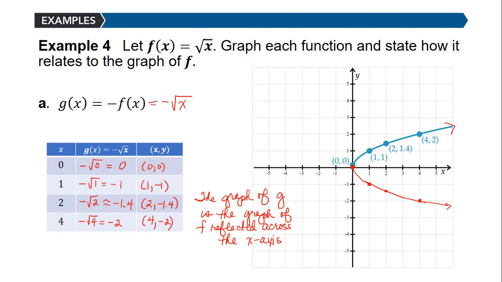And the way I think about this is that we're taking the opposite of y, right? And the opposite of y, if we think about the y-axis, above the x-axis and below the x-axis are where we see the opposite values for y. And so to see the opposite of y, we have to reflect across this x-axis.